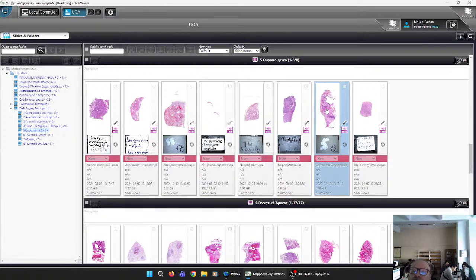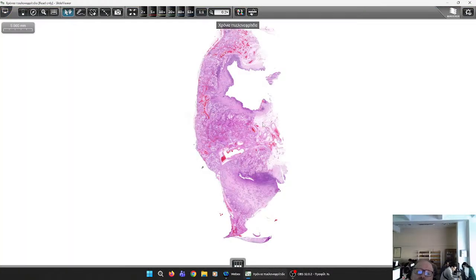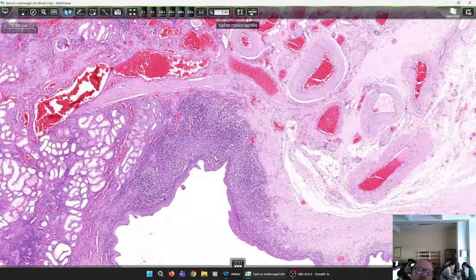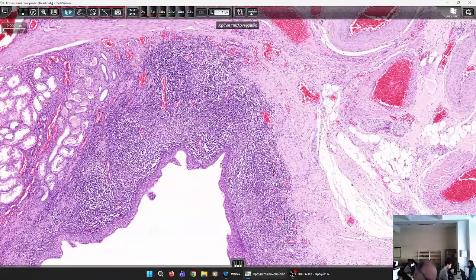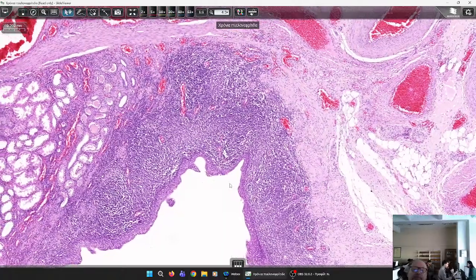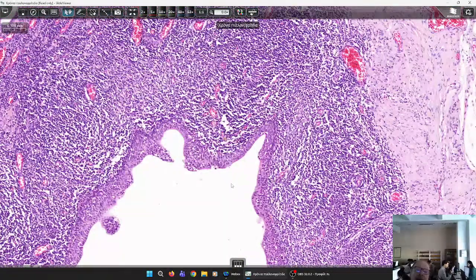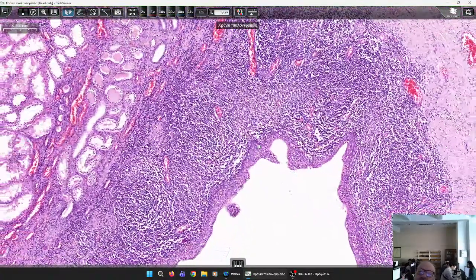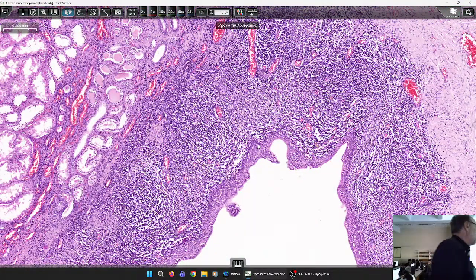Next, this is a kidney removed with chronic pyelonephritis. I want you to find this part of the renal parenchyma, and apart from the inflammation with all these newly formed blood vessels, I see a mononuclear infiltrate, thus telling me that inflammation here is chronic, not acute.